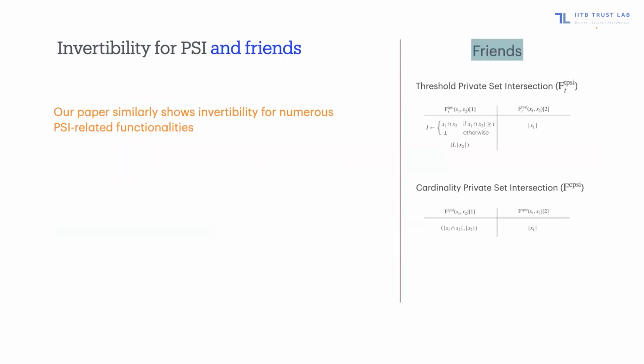We also show invertibility for some related functionalities like the threshold private set intersection functionality and the cardinality private set intersection functionality. In TPSI, the output for party one is the intersection if the size of the intersection of the sets is greater than the threshold. In cardinality PSI, the output for party one is just the size of it.